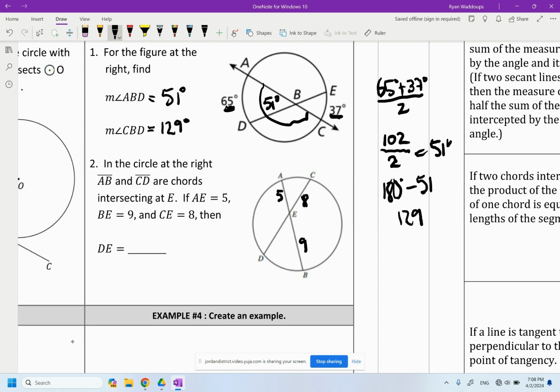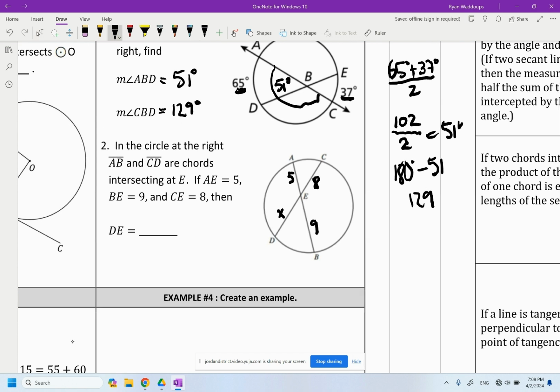We'll use a variable, we'll call this X. And then it's just like we talked about a moment ago: 8 times X will be equal to 5 times 9, which would be 45.